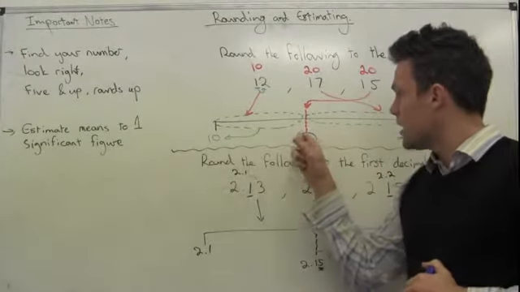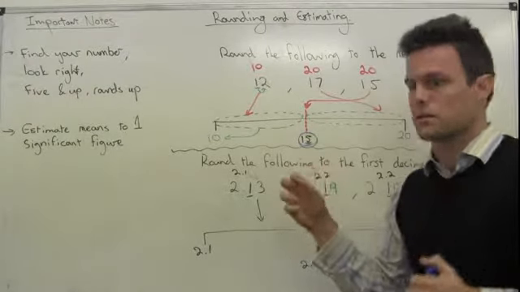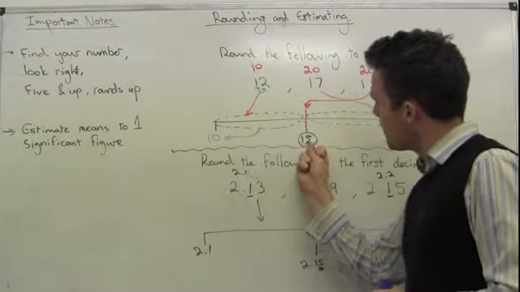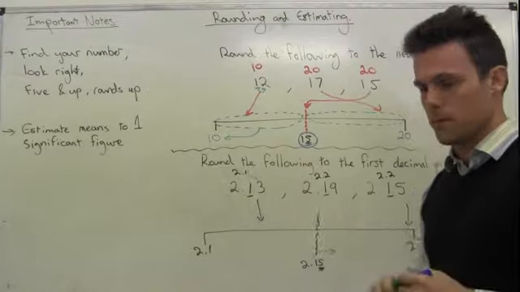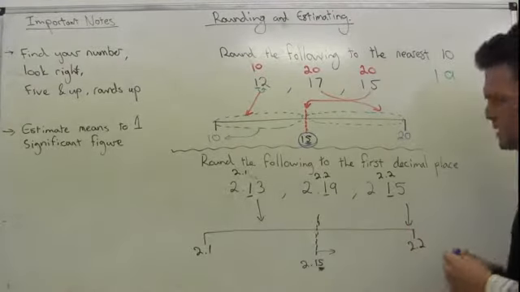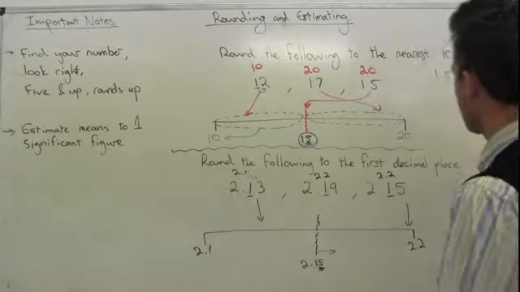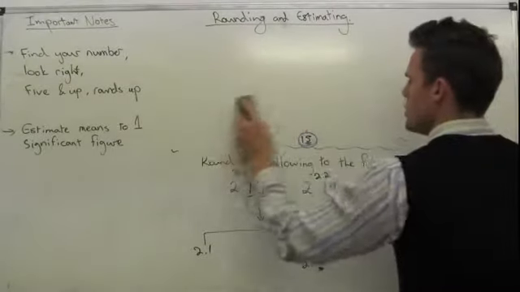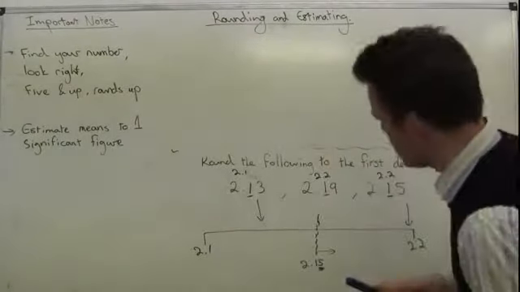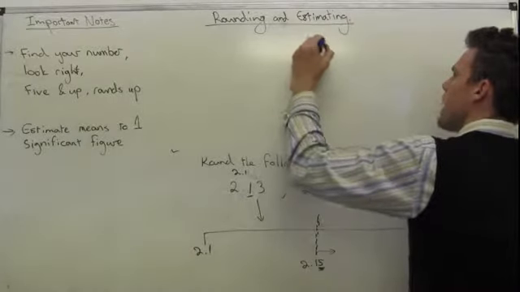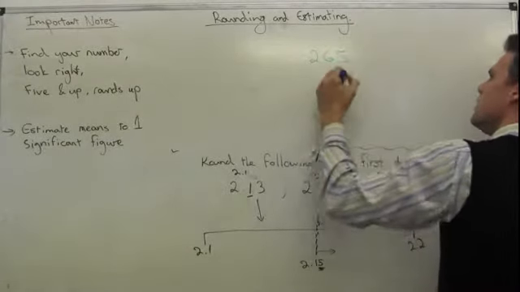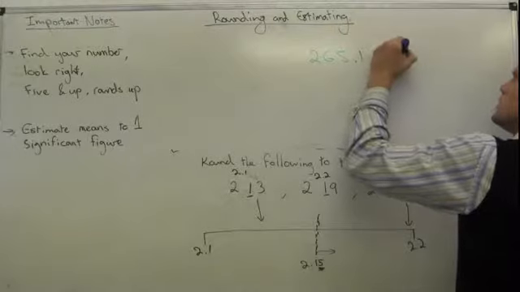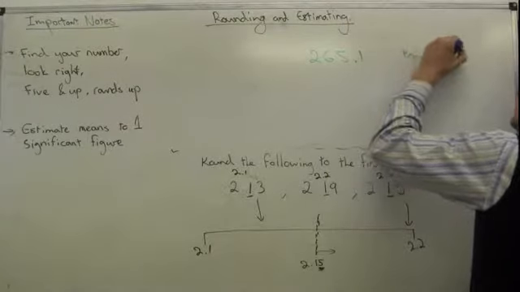5 becomes the most important number, but certainly the position afterwards, so my units column. If we were to expand this a bit, let me erase these top ones here. Let's say I wanted to round 265.1 to the nearest 100.